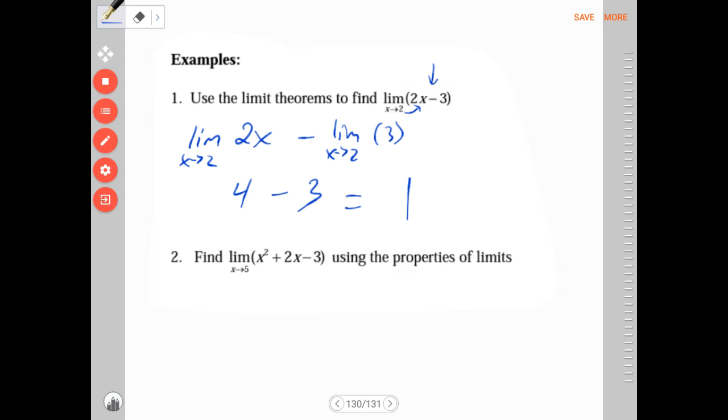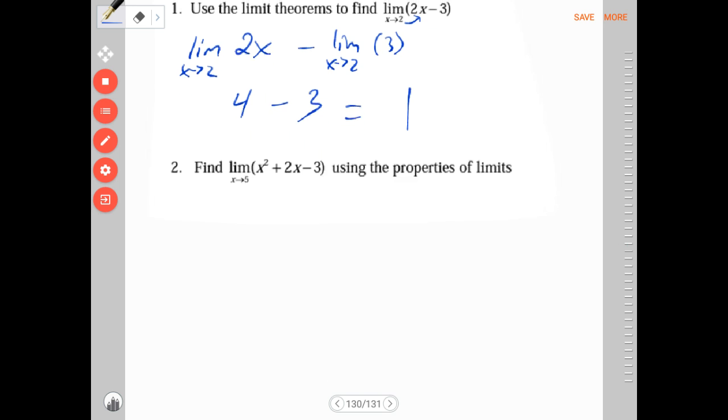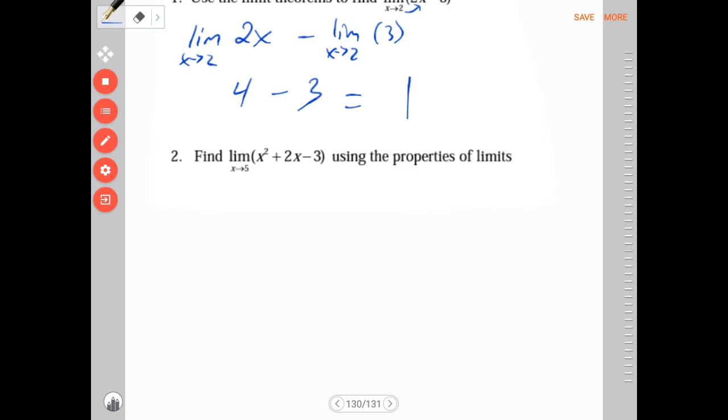So we don't need the limit theorems just for these simple ones, but we're going somewhere with this. Okay, so number 2, as x approaches 5, this is the limit as x approaches 5 of x squared plus the limit as x approaches 5 of 2x plus the limit as x approaches 5 of, oops, that's a minus 3, so it's a subtraction.